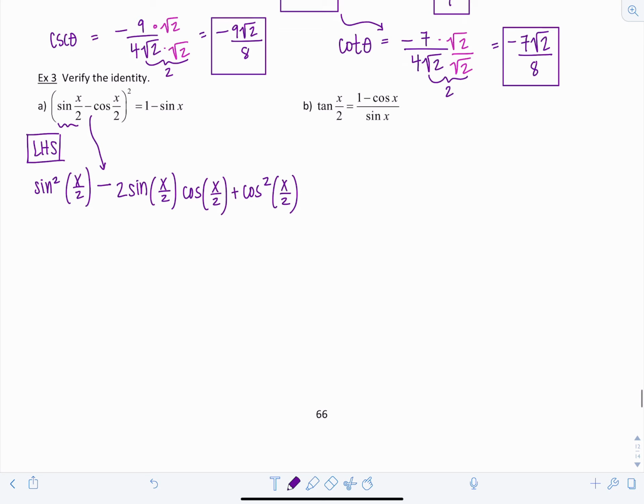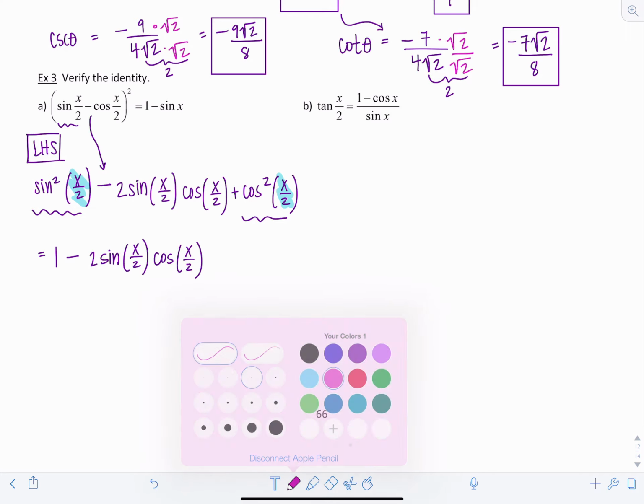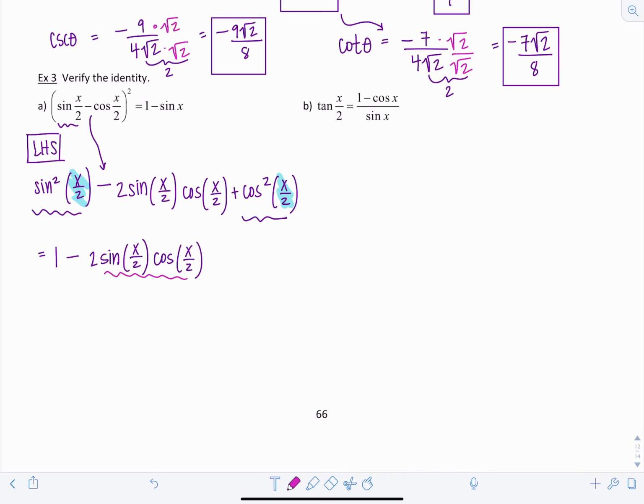All right, well, let's see here. I have a sine squared and cosine squared of the same quantity. So anytime you have sine squared plus cosine squared, that's just 1, minus 2 times sine of x over 2 cosine of x over 2. And then, does this look familiar? 2 times sine of something cosine something.